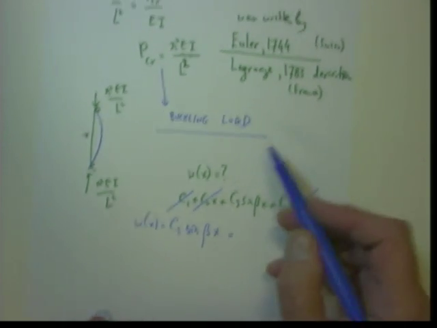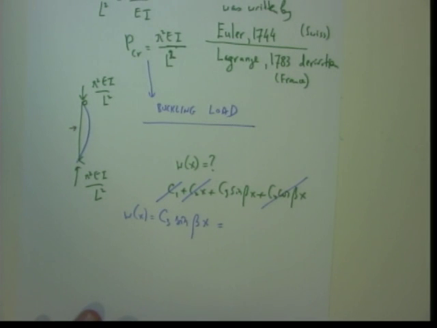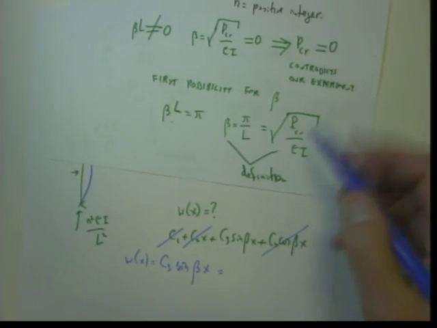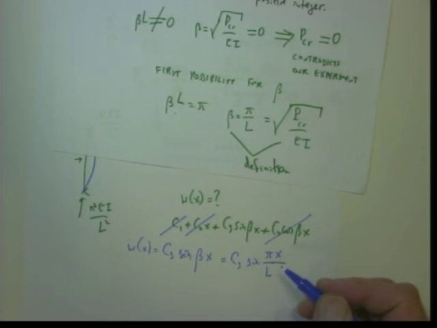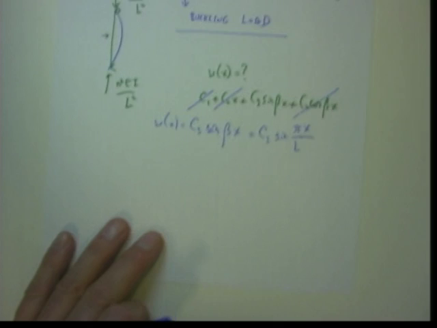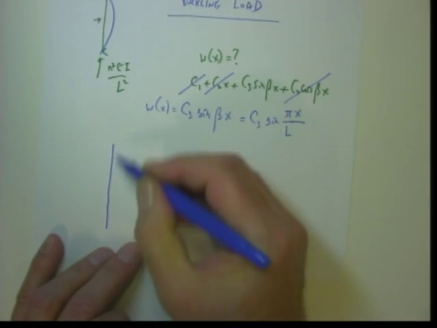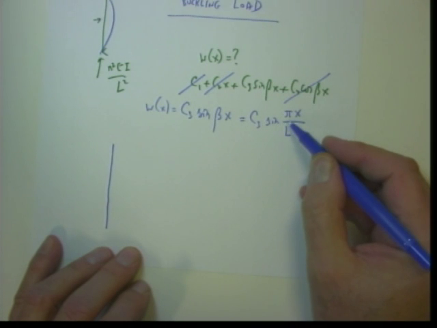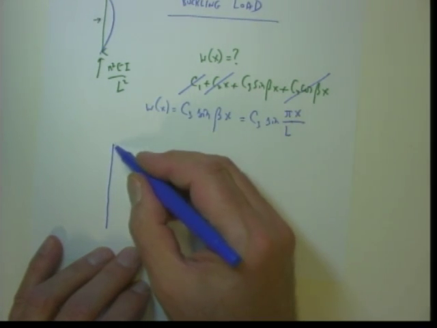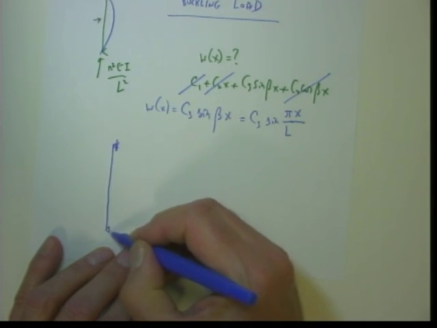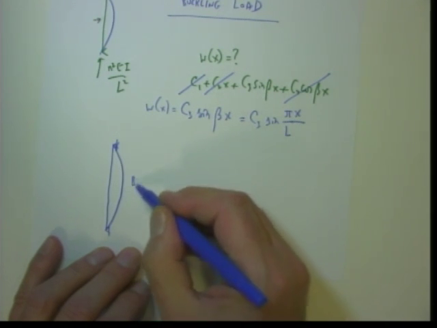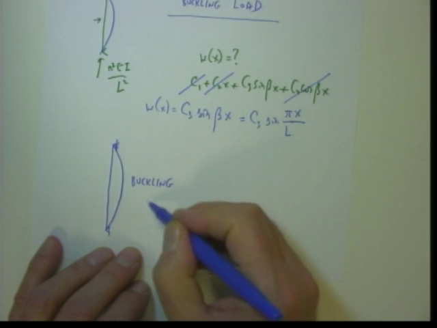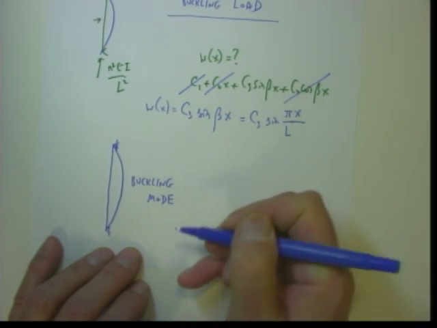We found beta, remember, pi over L. So that is C3 sine pi x over L. So for this beam the function looks like this. That is called the buckling mode.